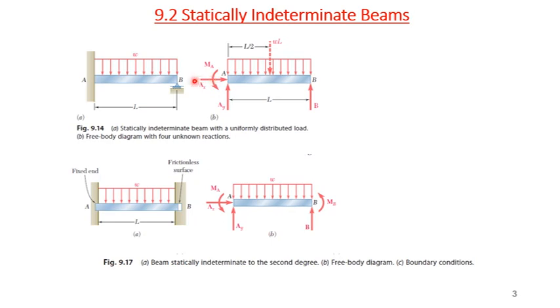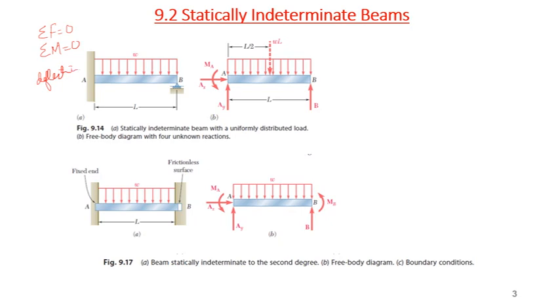So we have only two equations but three unknowns: MA, AY, and B. Now how do we find these reactions? Using sum of forces equal to 0 and sum of moments equal to 0, we cannot find all three reactions, right? So in order to find them, we have to consider the deflection of the beam.